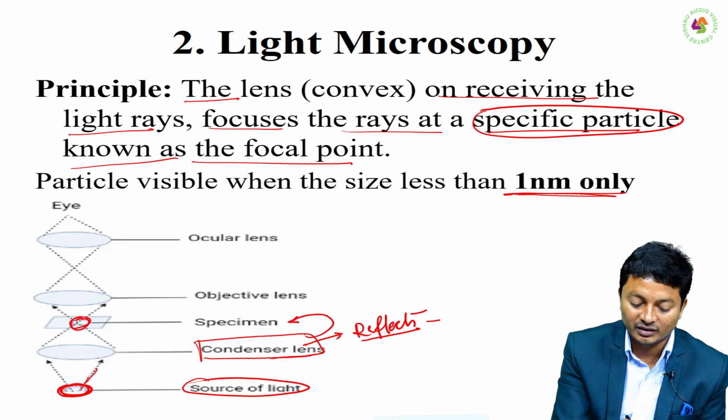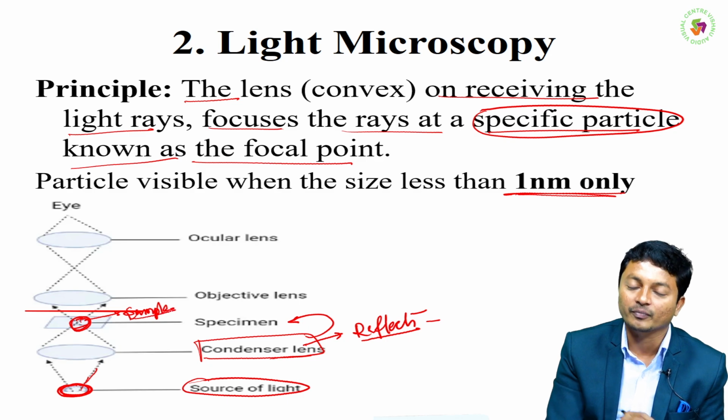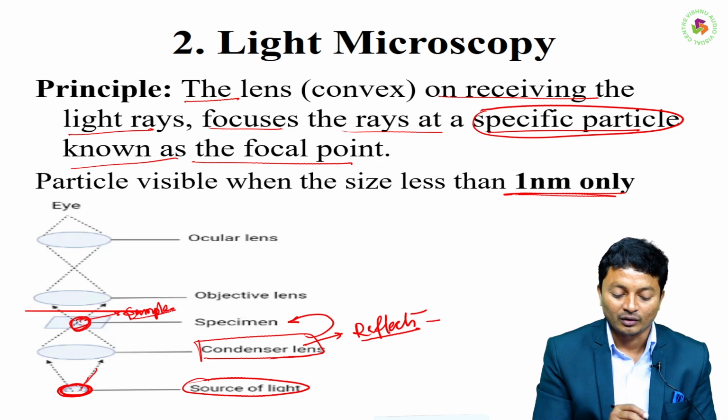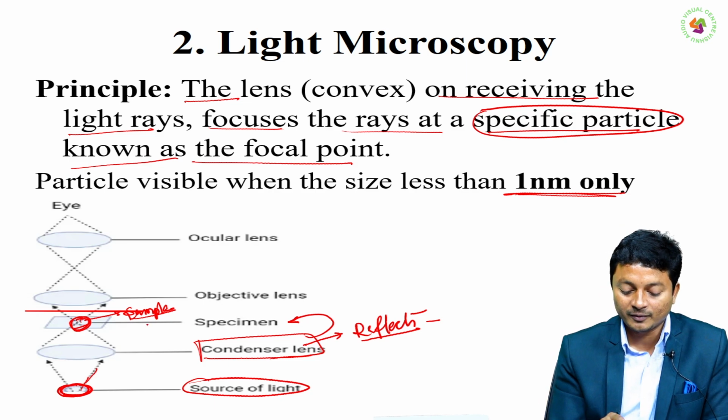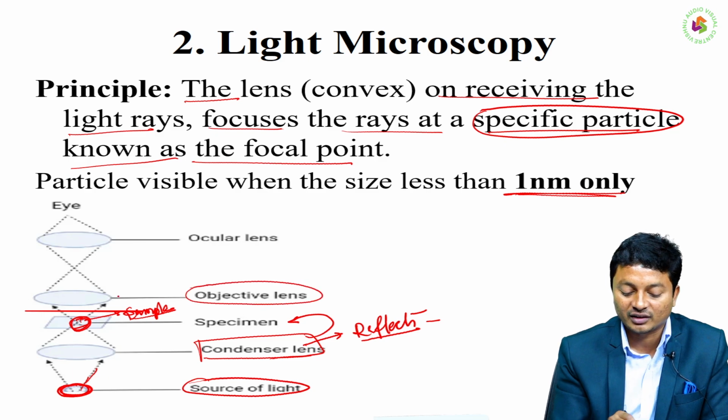Here we have the sample, the particle whose size we want to know, placed on the specimen, and from this specimen the light passes through the objective lens. Here we can see the object with the help of light.